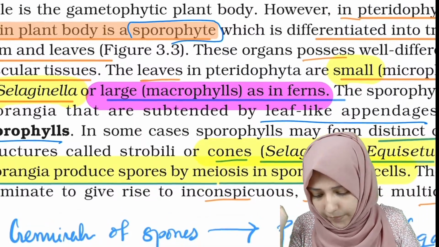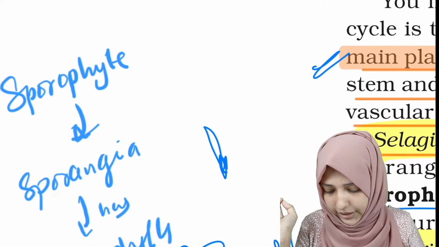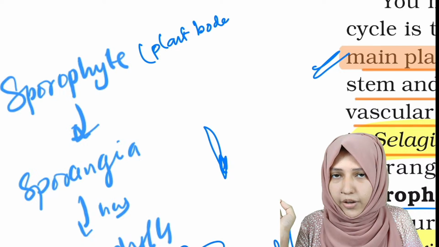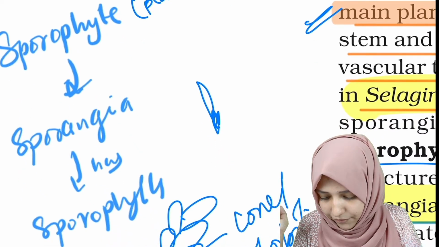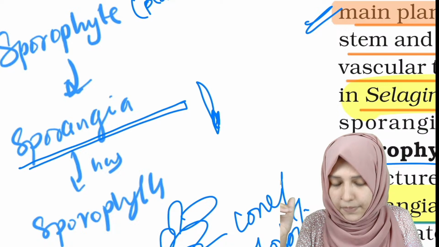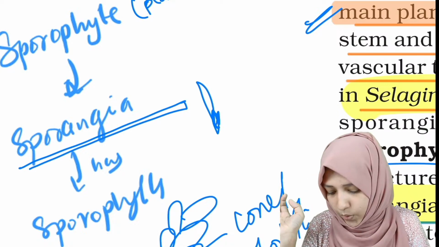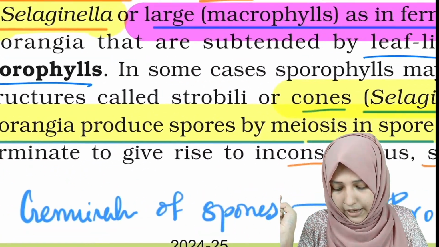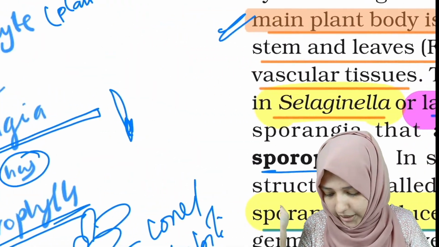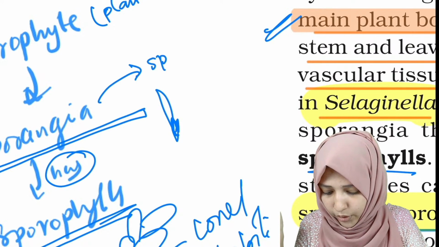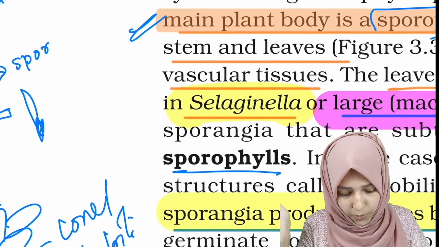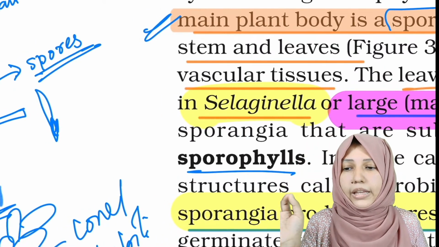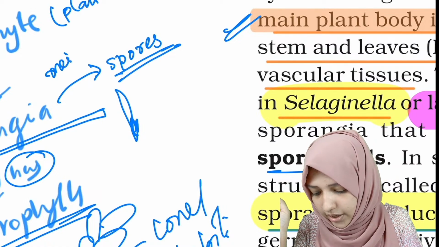The sporophyte is the important plant body, and in that plant body there is sporangia, with sporophylls, which are leaves. The sporangia produce spores by reduction division or meiosis.